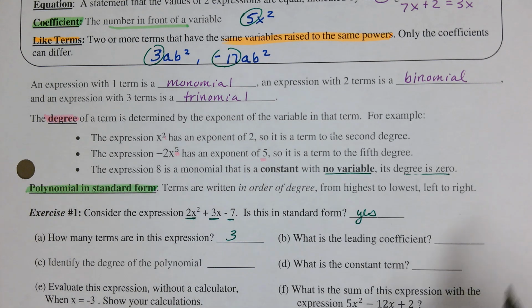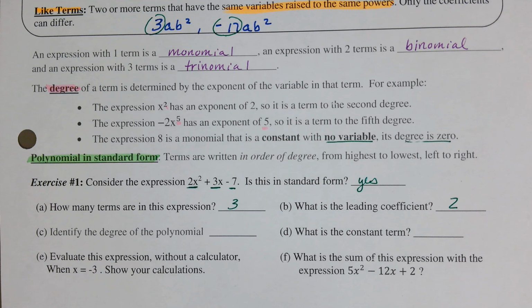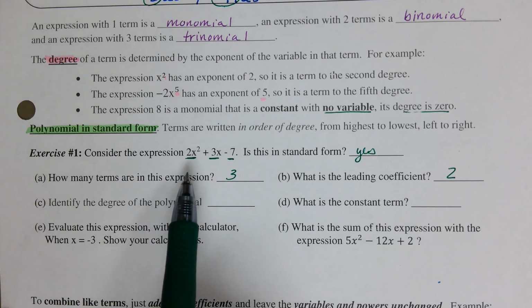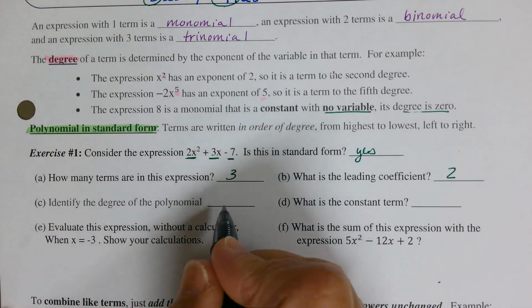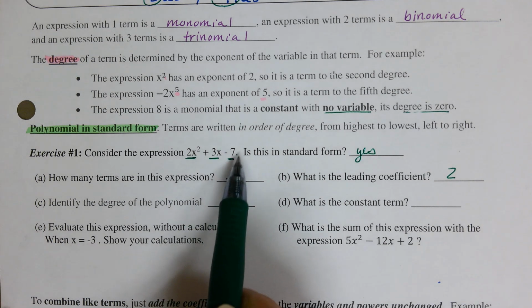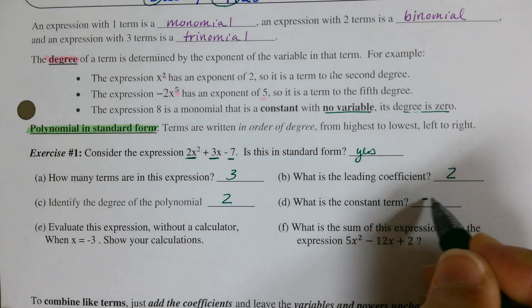The leading coefficient is 2. The degree of the polynomial is the highest of the degrees of each term, in which case the highest degree is 2. The constant term has no variable associated with it, so the constant is negative 7.